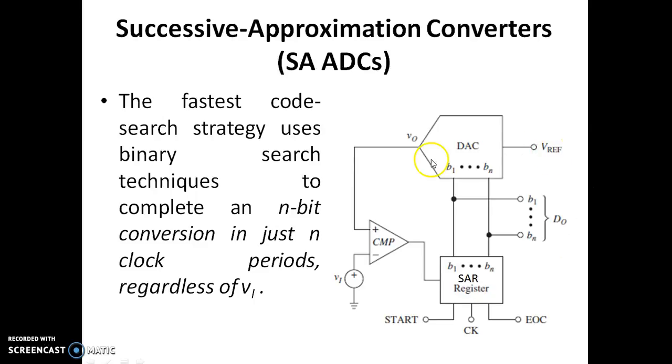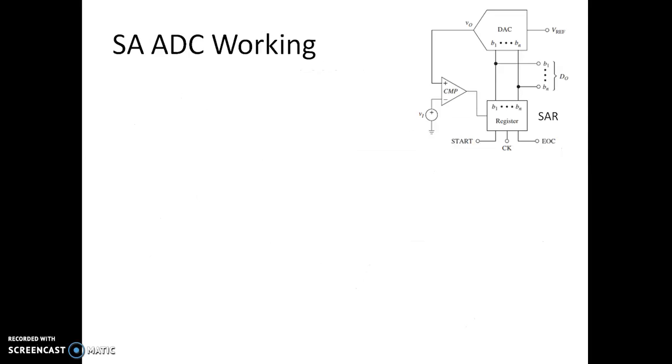We need a reference voltage for this DAC, and the output voltage is compared with the input voltage in a comparator. Let us see the working of this successive approximation ADC in the coming slides.